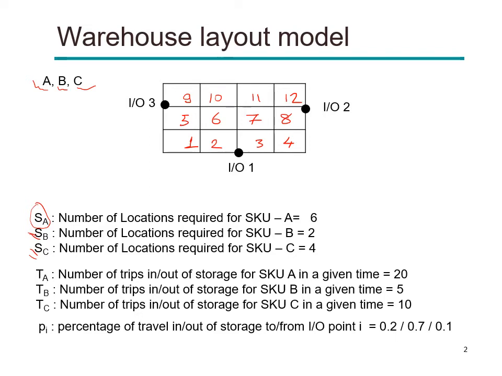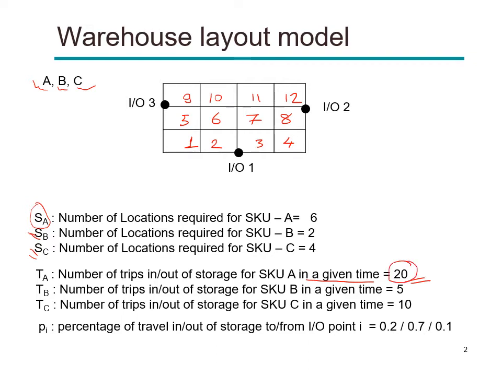For example, A in this example is set to make 20 input-output storage retrieval operations in a given time. What does it mean in a given time? It can be per day, per week, or per year. Okay, 20 input-output operations per year.